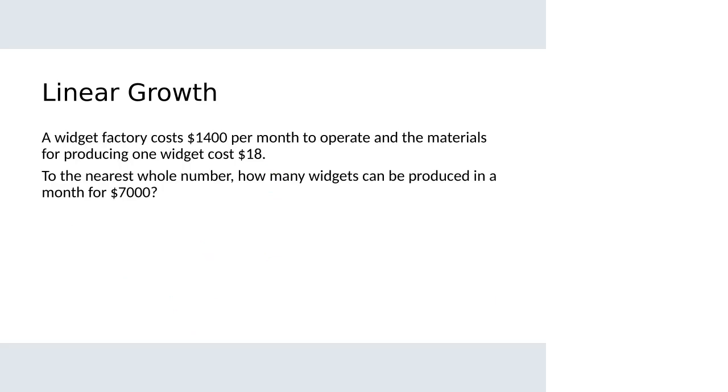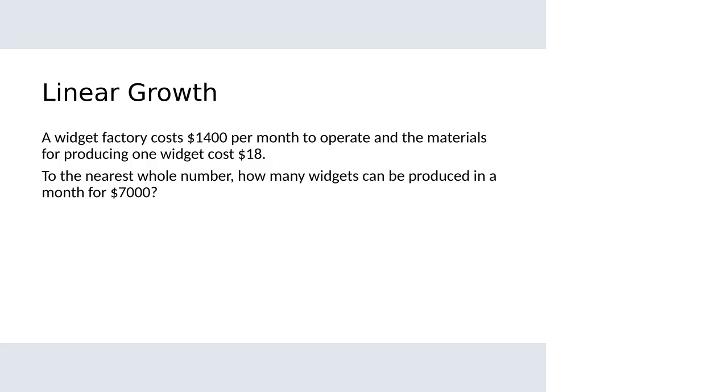Okay, another problem involving linear growth. A widget factory costs $1,400 per month to operate, and the materials for producing one widget costs $18. So it's $1,400 to operate, and then to make a widget costs $18.